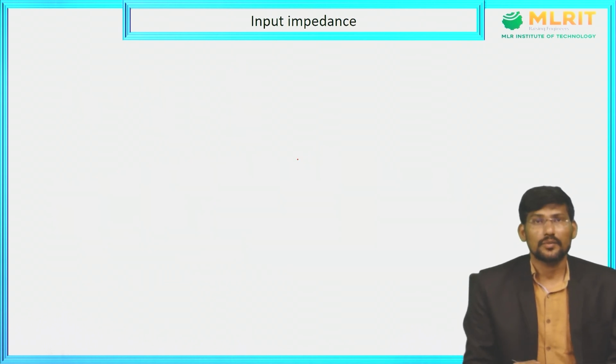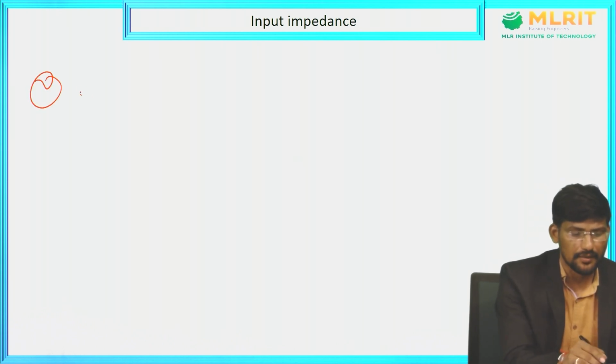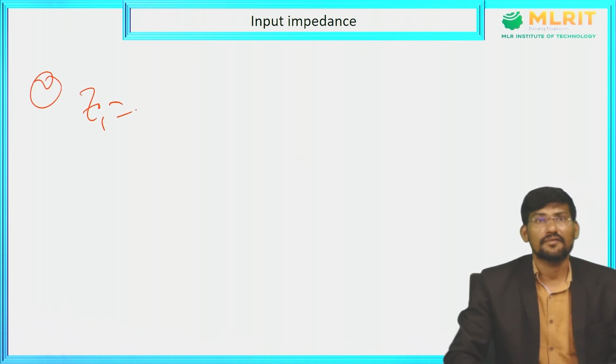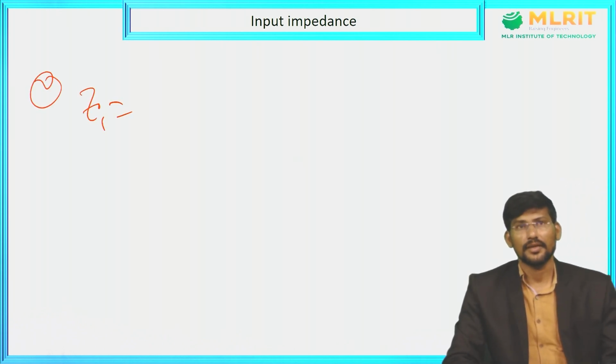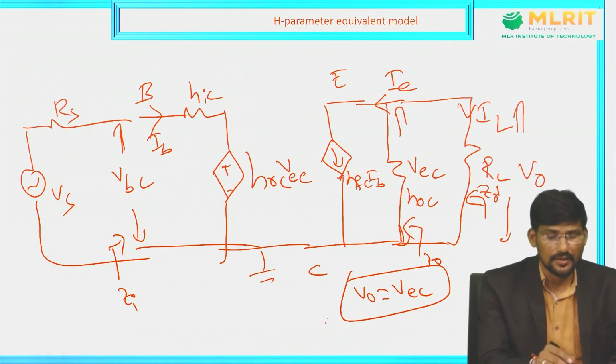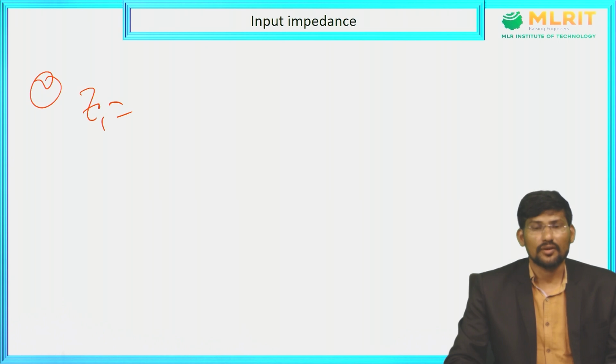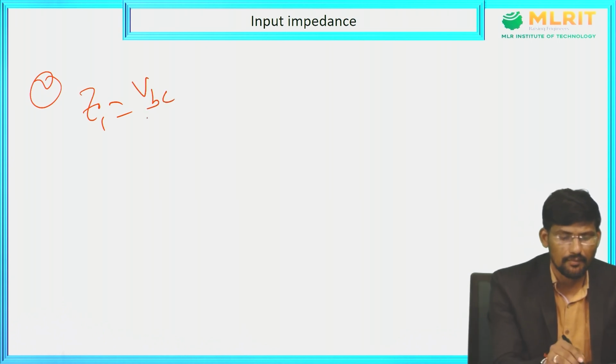Now the second equation is input impedance. Input impedance is defined as the ratio of input voltage to the input current. If you see here, the input voltage is VBC and the input current is IB. So we take the ratio VBC divided by IB.